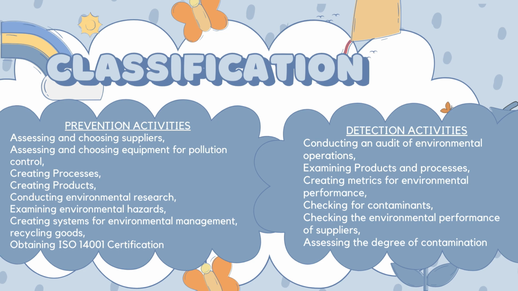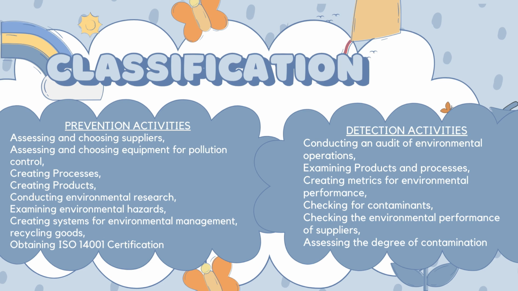The first prevention activity is evaluating and selecting suppliers. Suppliers must be evaluated and selected correctly so as not to provide raw materials that are not hygienic or environmentally friendly, or that result in excess waste when produced, or that cause difficulties for the company in processing the waste produced.